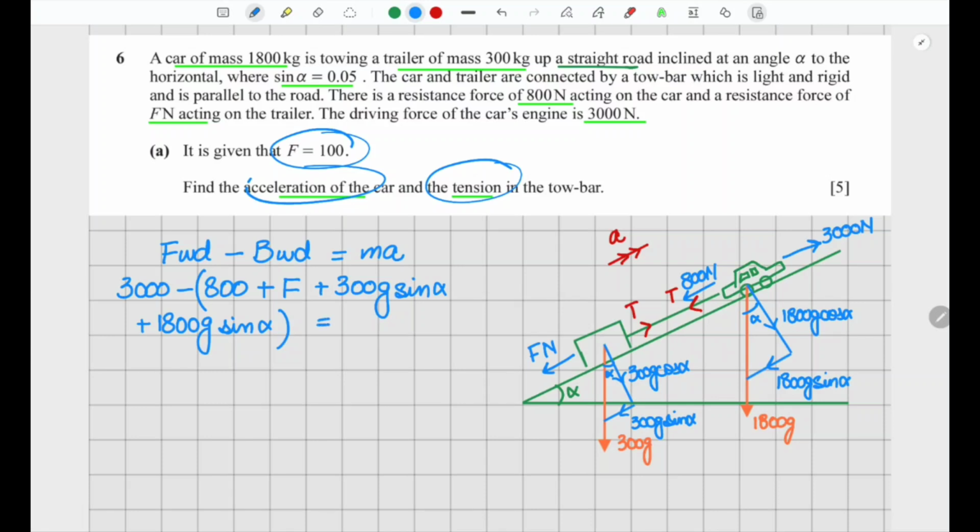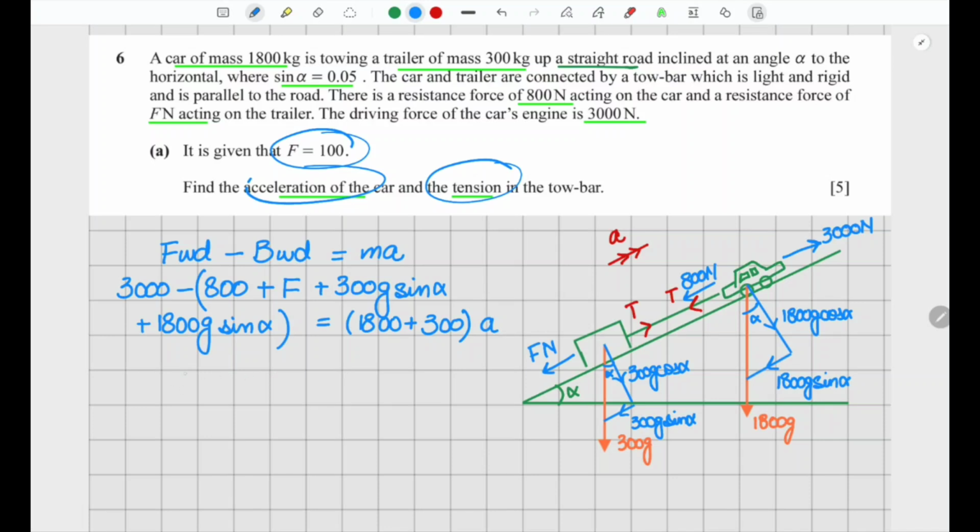So what will be the total mass of the whole system? 300 plus 1800 times a. So from here we can directly find a, because we already know sine alpha.